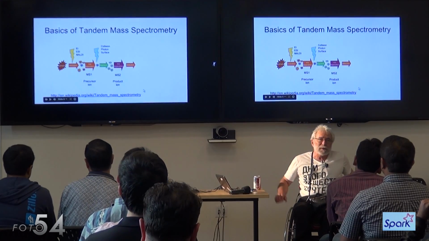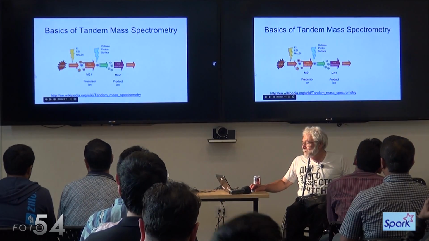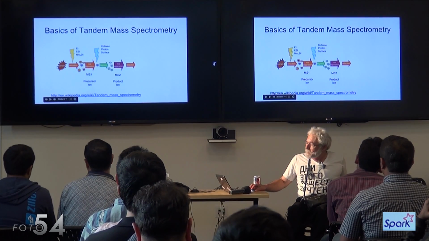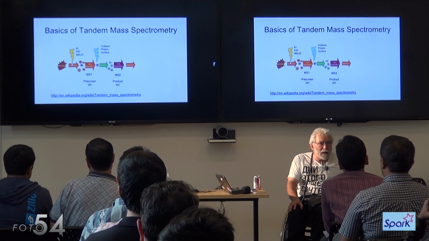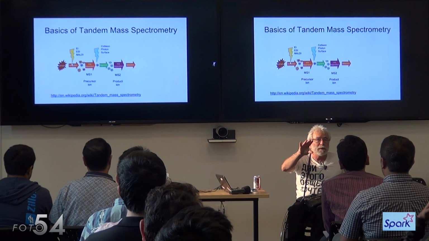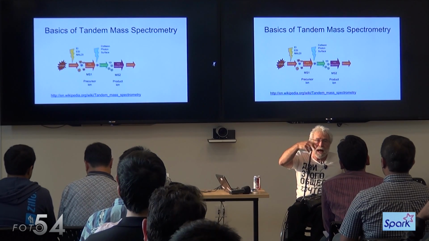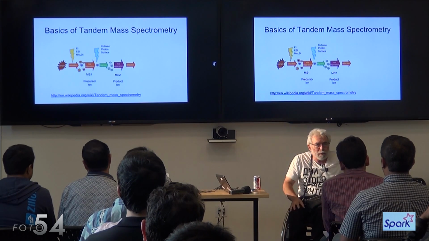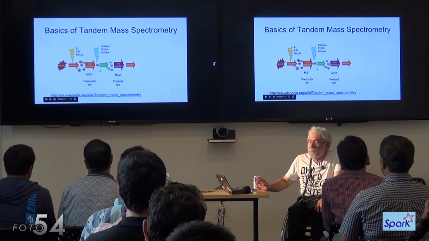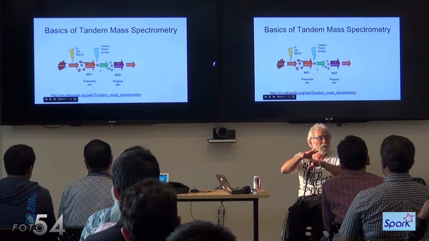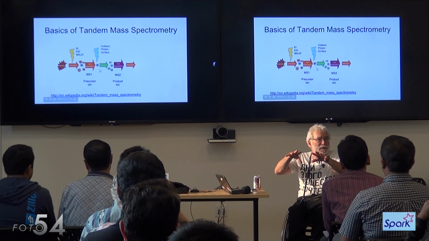Okay, back to the mass spectrometer. So our peptide fragment comes in. We hit it with something which ionizes it, because mass specs only deal with ionized stuff. And then we measure its mass to charge ratio, essentially its mass. After that, we hit it with another thing which breaks up the peptide bonds.